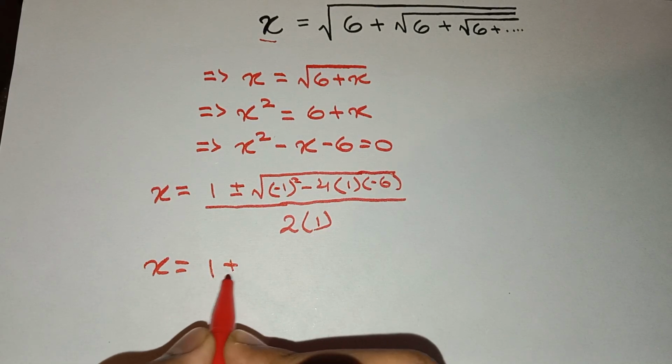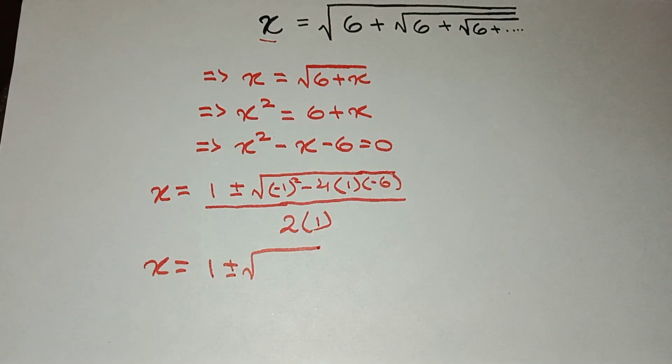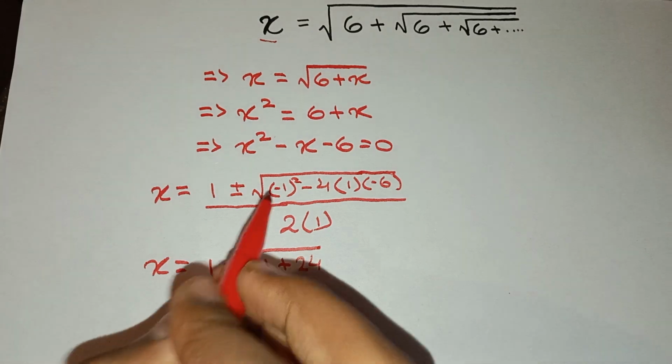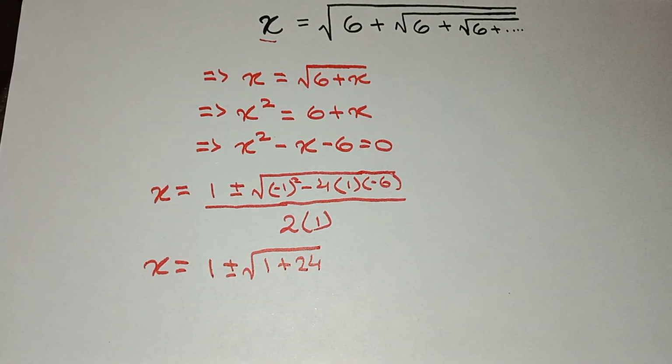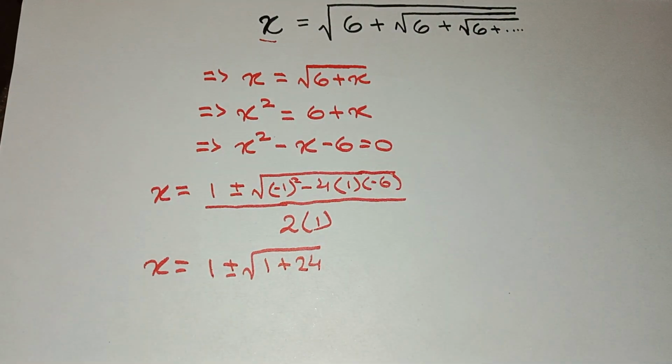1 plus minus square root of 1 plus 24, because minus 1 is squared: the sign is also squared and the number is multiplied by itself. So minus 1 square is equal to 1.